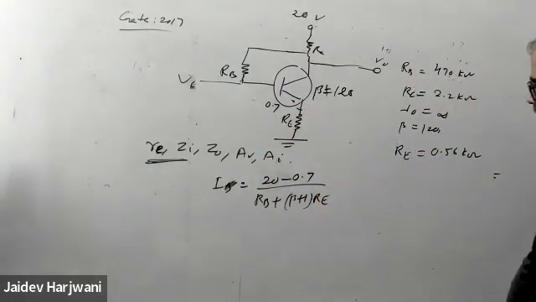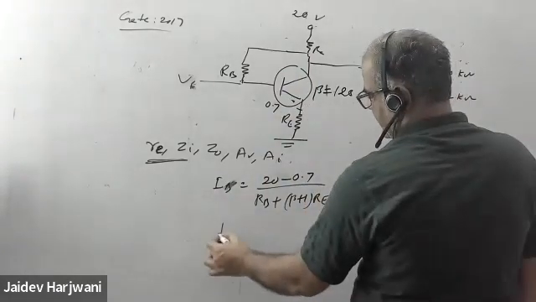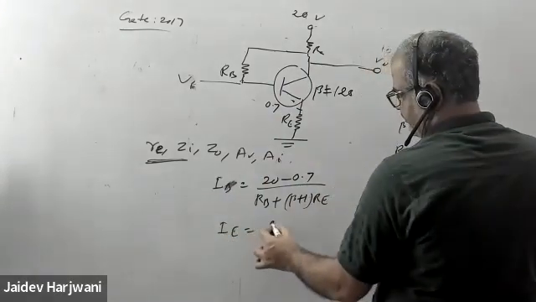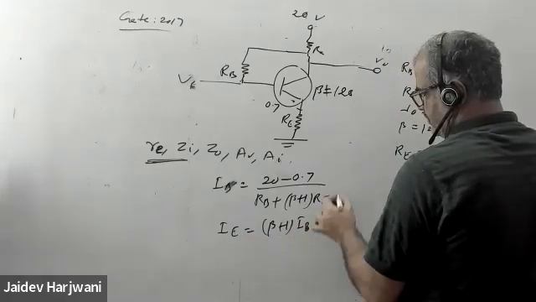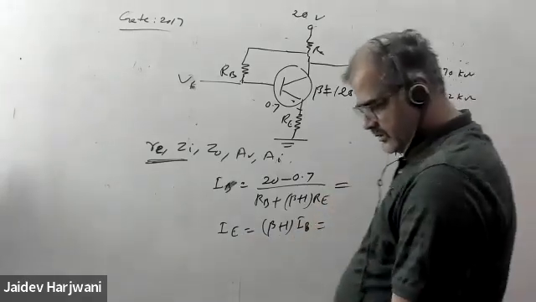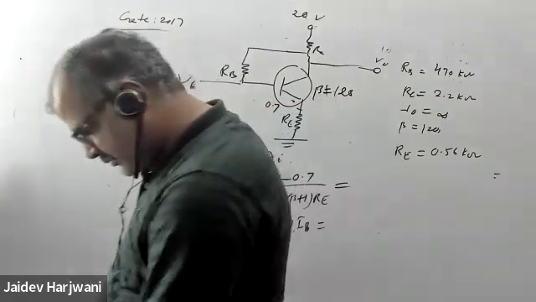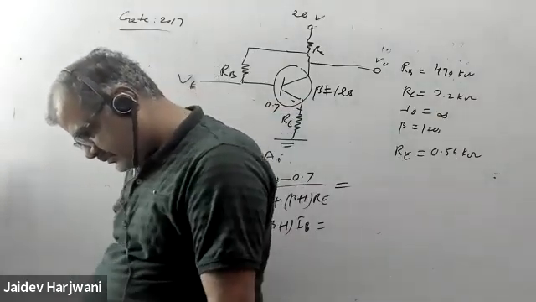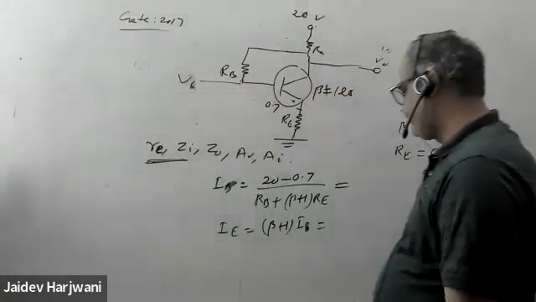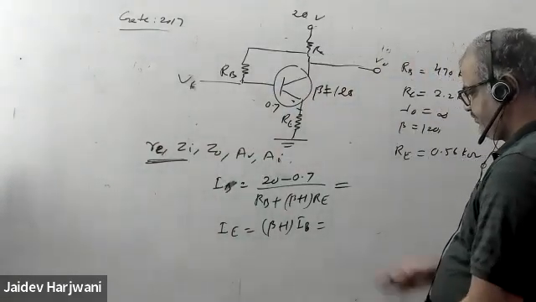DC analysis first. And your IE will be beta plus 1 IB. Tell me what is IB value, or IE value?